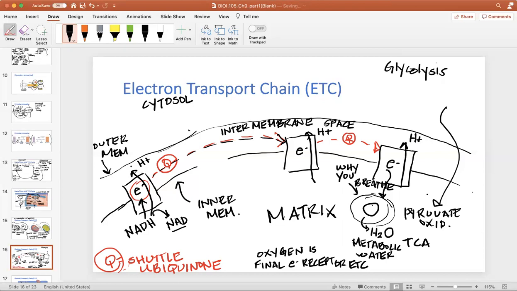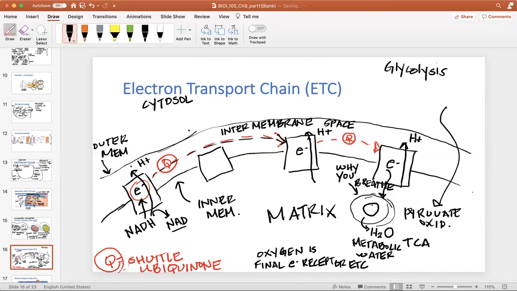So your entire respiratory system has pretty much been explained to you now, or at least why you take in the things you take in and why you breathe out the things you breathe out, okay? Now notice I've got one more little space here. So let's draw in one more membrane protein.